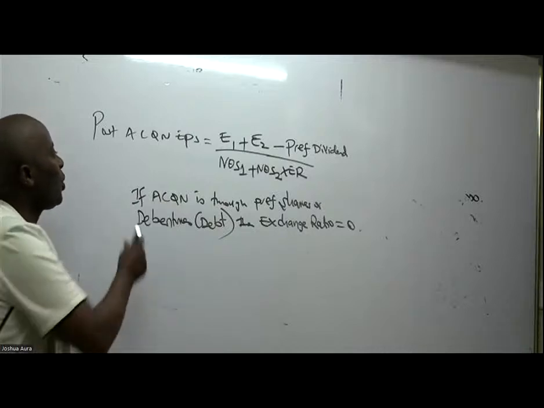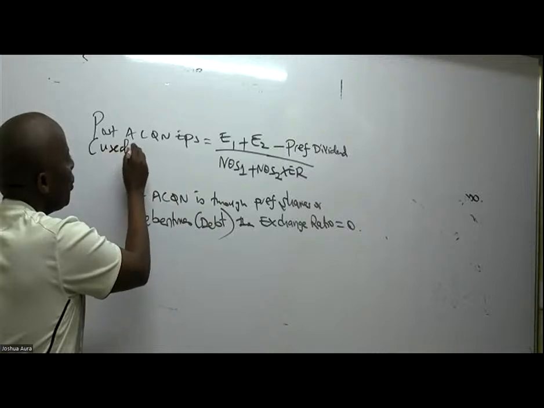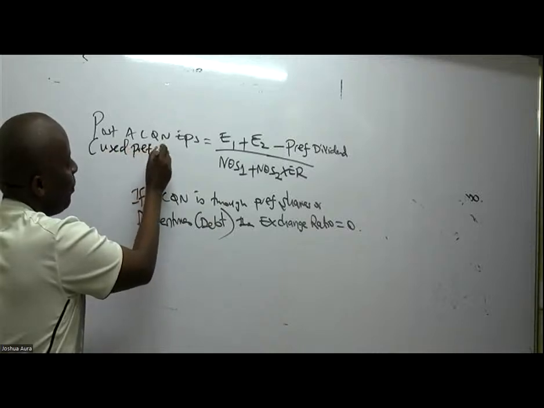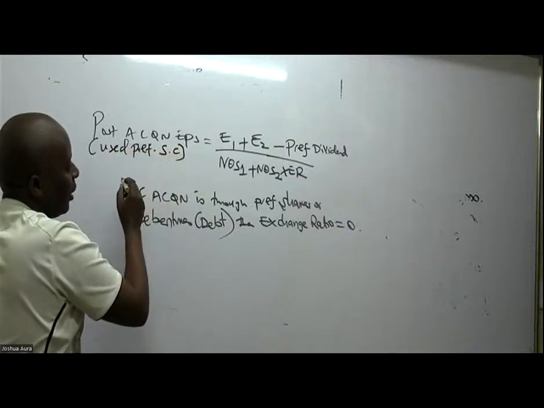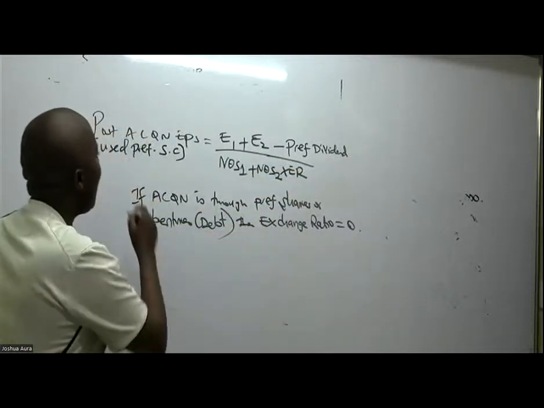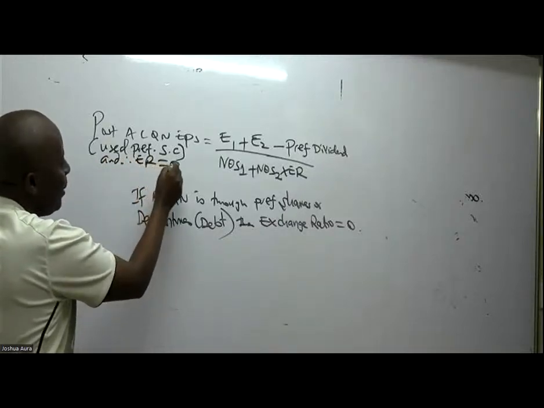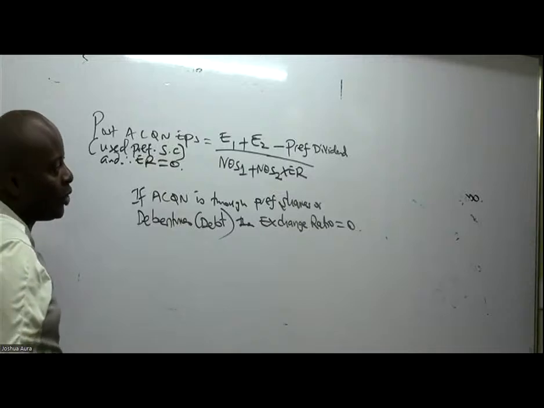If you look at the question I'm handling here, they used preference share capital, and that is why I'm paying preference dividend here. And therefore, the exchange ratio here must be 0.